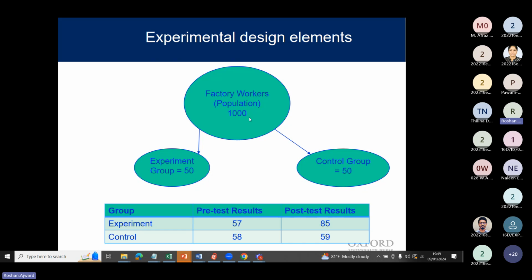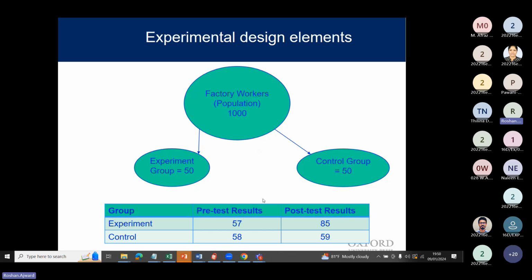He takes 1,000 employees and trains 50 employees and calls that 50 employees the experimental group. Then he takes another similar 50 employees and keeps them as the control group. Control group means you don't train them. You keep it as a comparison. The consultant teaches only these 50 employees. A similar group, another 50, is kept as a control.